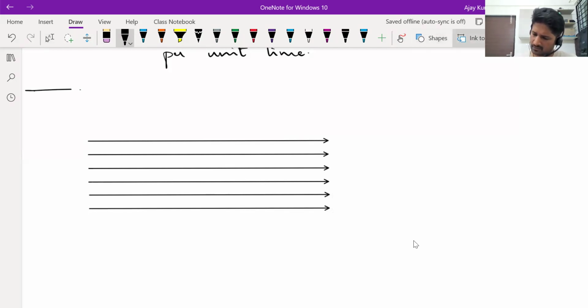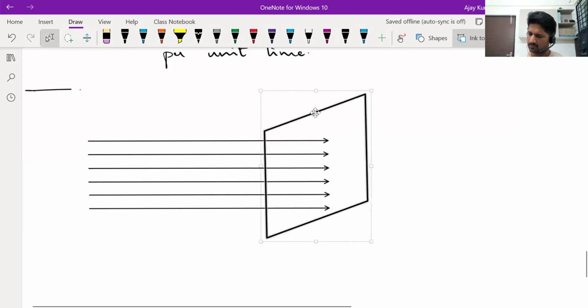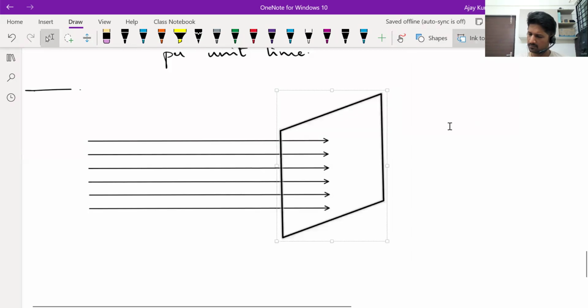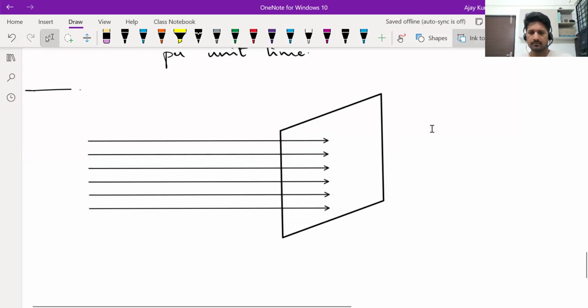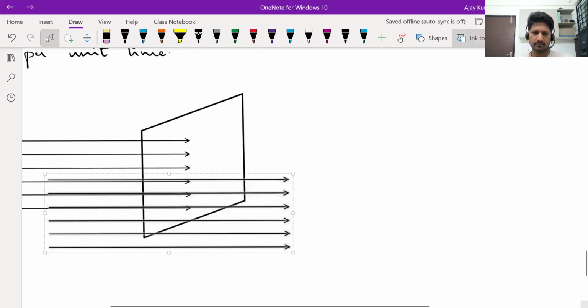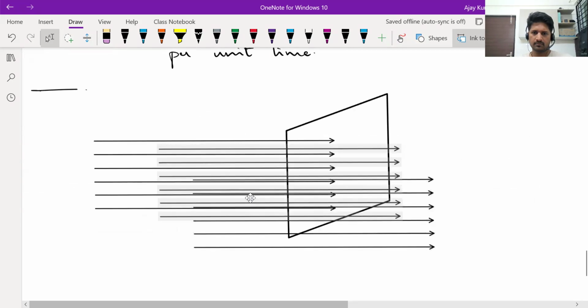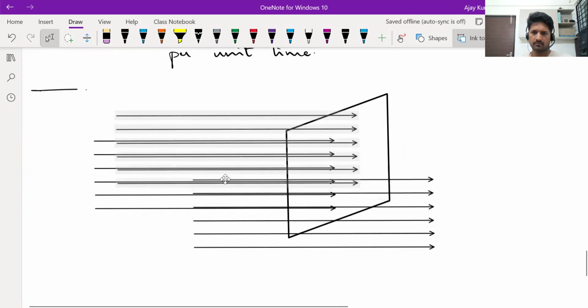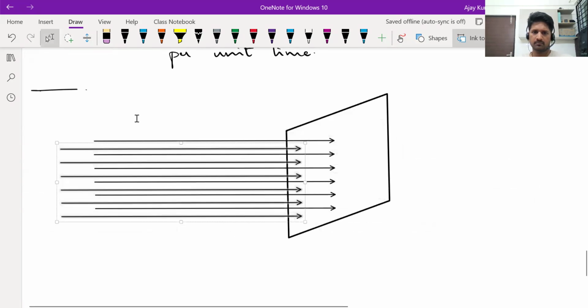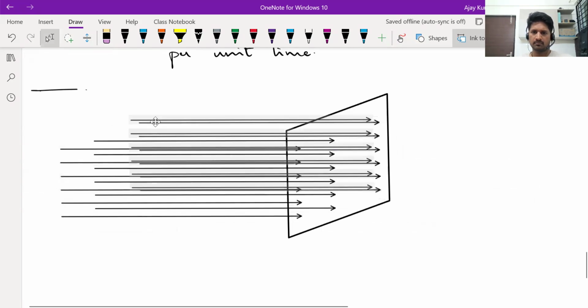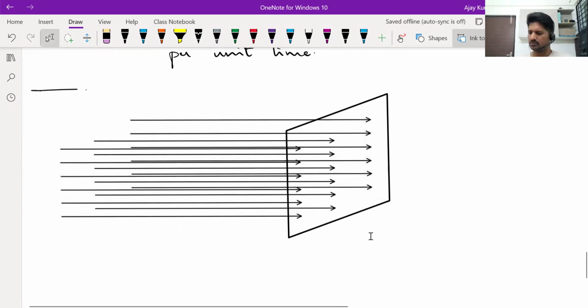I'll assume a rectangular surface like this. So we are looking at it from an angle. Actually, there should be waves spread all over this surface. Okay, and assume they are crossing over to the other side.